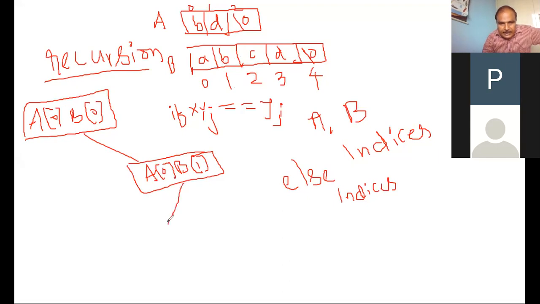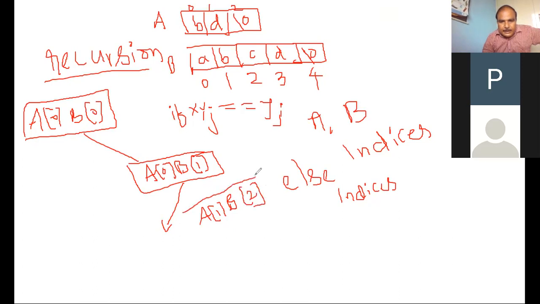Now again there are two approaches. Now A of 1 is compared with B of 2.